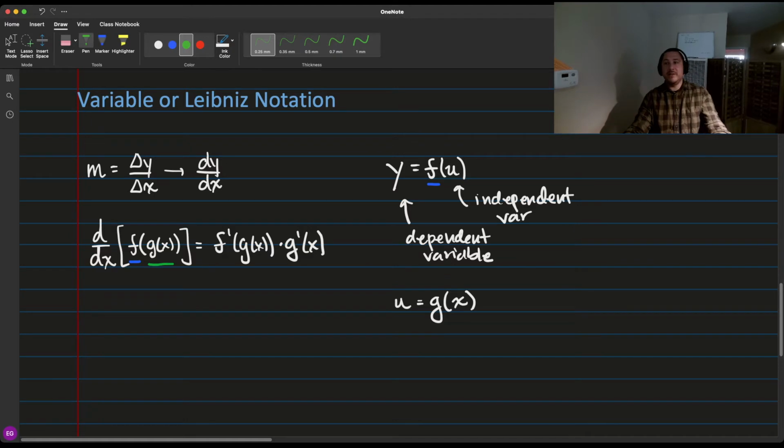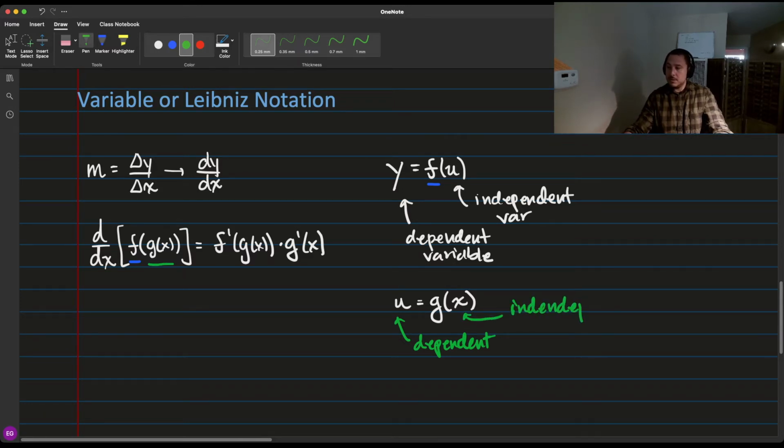In the line above, u was independent, whereas here u is dependent. And x is the independent variable.